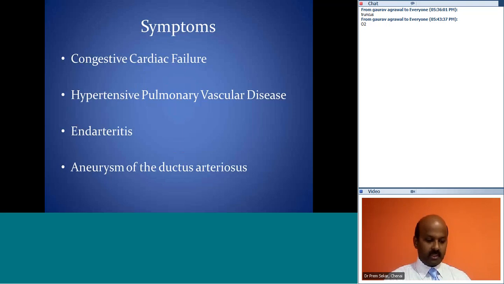In the adult, heart failure is frequently associated with atrial flutter and fibrillation.